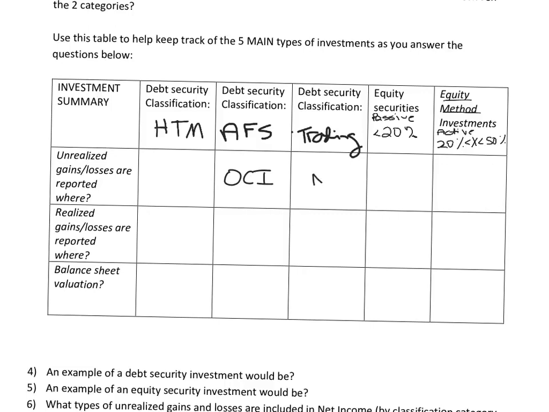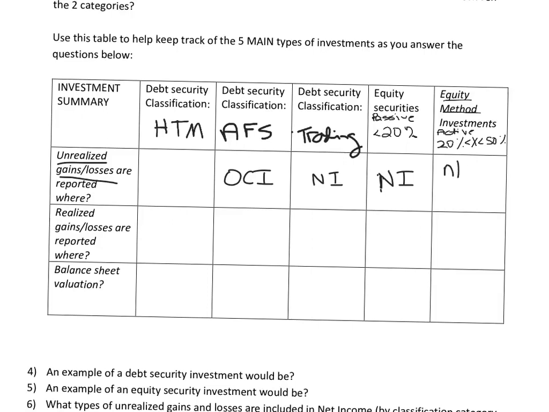Trading securities, those unrealized gains and losses are going to go through net income. We talked about the fact that unrealized gains and losses arise as you're holding an investment. Those are things that happen because you own the investment and continue to hold it. Equity securities, we said any of those unrealized gains and losses, changes in values, are going to go through net income.